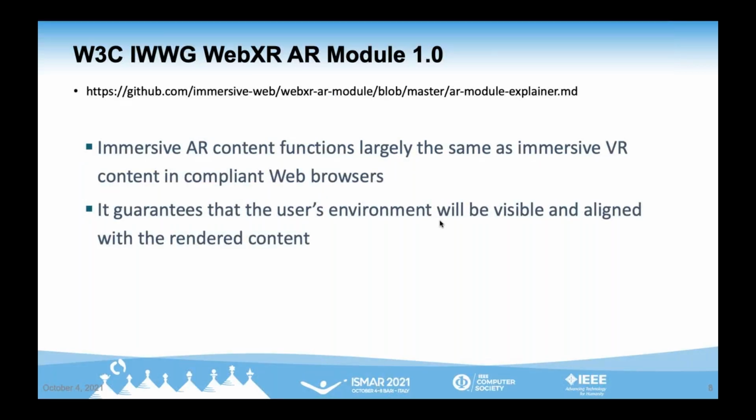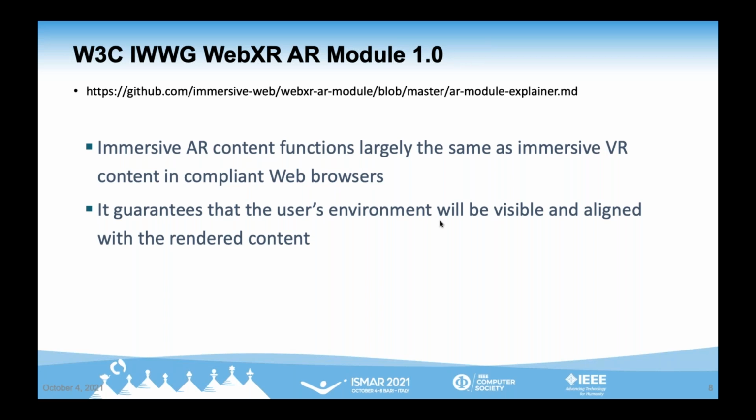Now, within the WebXR suite of standards, there is the AR Module 1.0, and this focuses on augmented reality functions. It basically treats AR the same way that it treats VR content in a compliant browser.